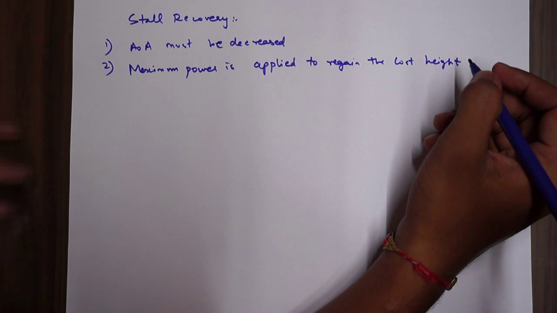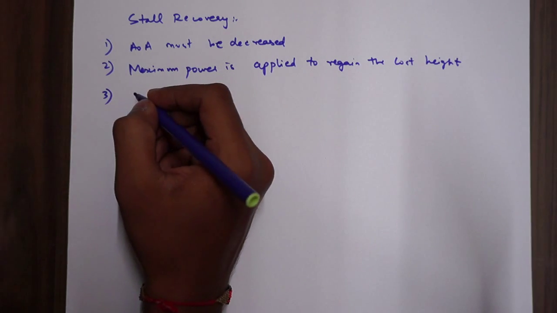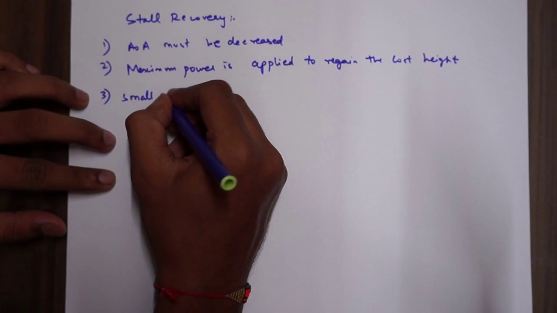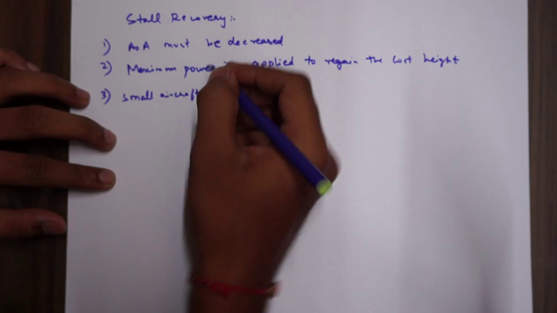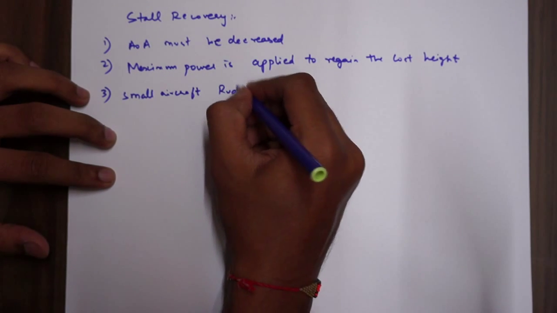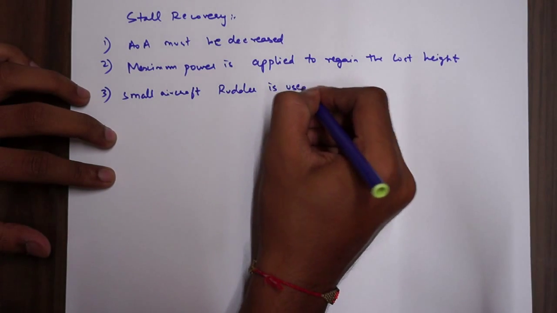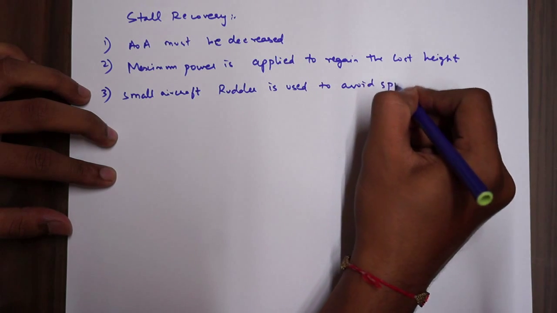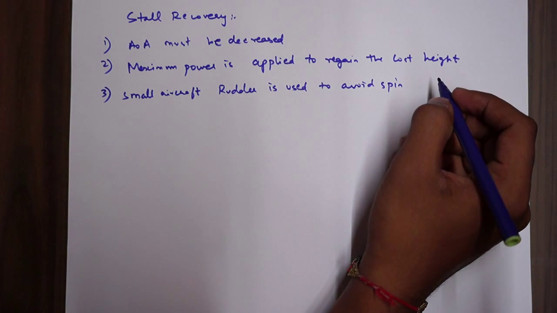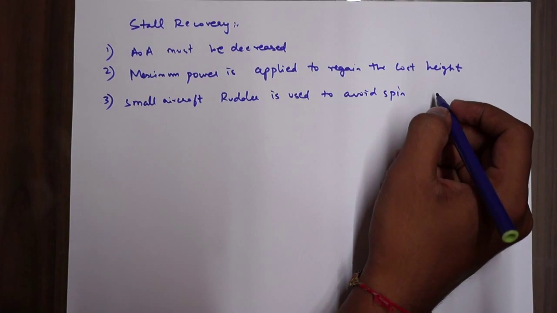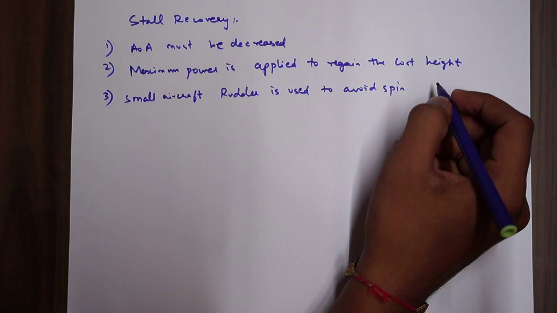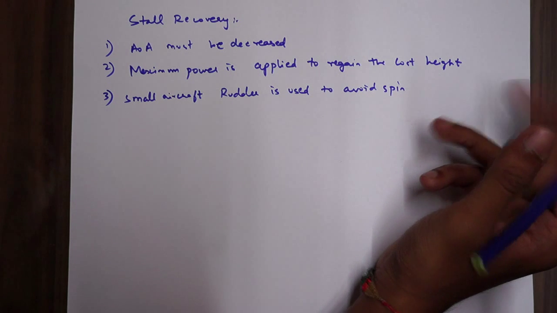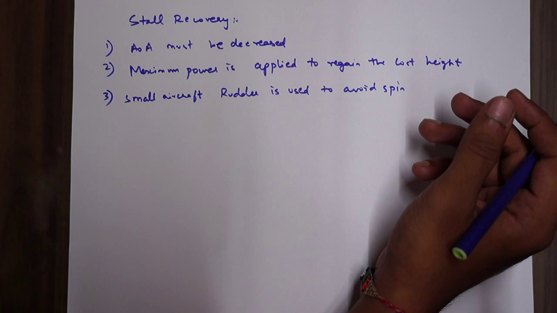Okay, and on small aircraft like Cessnas and all, rudder is used to avoid spin. Rudder as in to make it a coordinated flight, alright? So whichever side the trapezium is going, keep the ball in the middle. Basic concept, keep the ball in the middle, or the trapezium and the Garmin should be aligned with the wings level indicator.